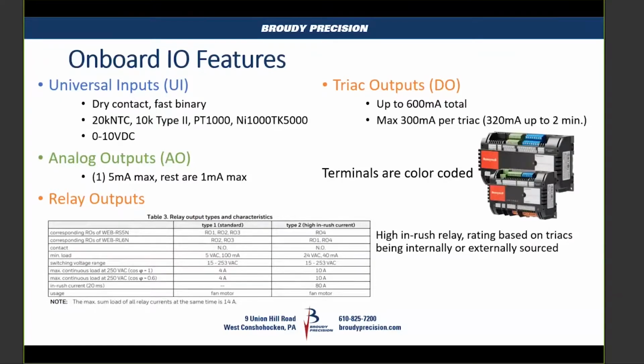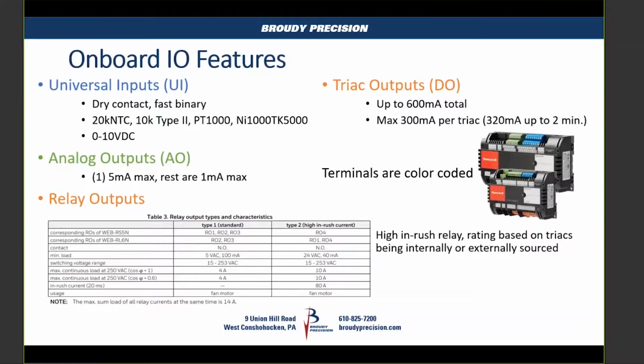The next part, we look at the onboard I/O on the controller. First thing, it's all color-coded. The terminal strips have specific colors, and each category there, I tried to make it color similar to show what it is. Universal inputs are blue, and they can do 0 to 10 volts, dry contact, fast binary for your counters and your pulse inputs.